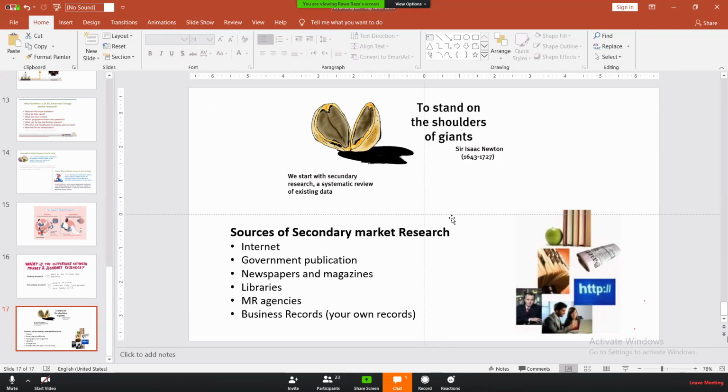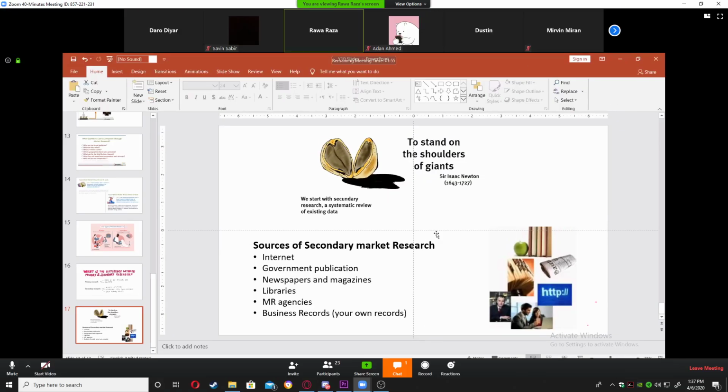Going to secondary market research takes more time, and it might be even costly as well, because remember, the market research agencies, you have to pay them. The people that are doing the research, you have to pay those people as well. So money and time restrictions discourage some businesses from going too deep into doing either secondary or primary market research.